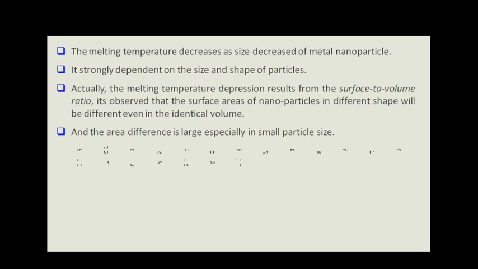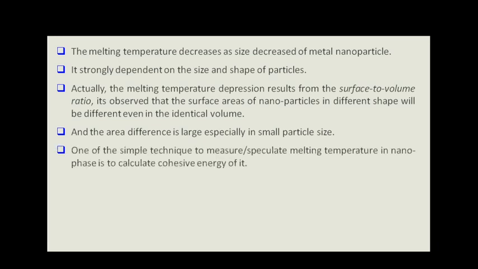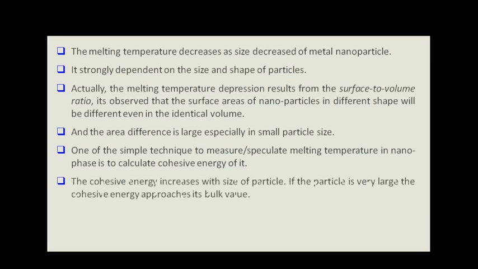Okay, so one of the simplest techniques to estimate the melting temperature is by calculating the cohesive energy. Cohesive energy means the energy which holds the atoms together, the binding energy, the energy associated with the bond. Cohesive energy increases with the size of the particle.